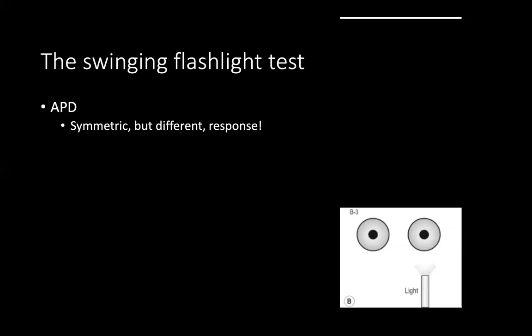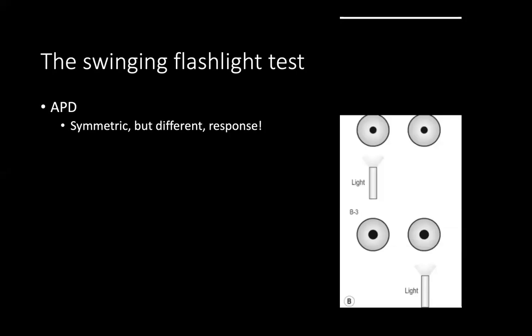Smaller, larger. I know it's subtle, but this diagram was the best one I could find. This pupil and this pupil are larger than this pupil and this pupil. That means that not as much light is getting in through this eye as through this eye. So I've given that answer away.